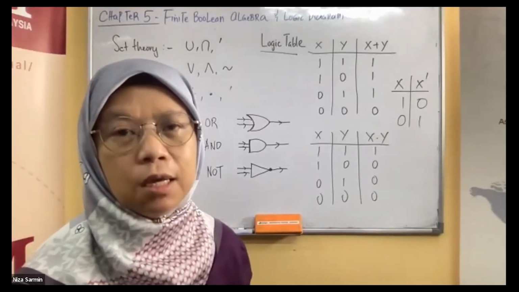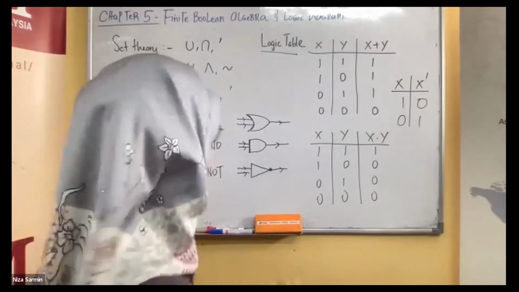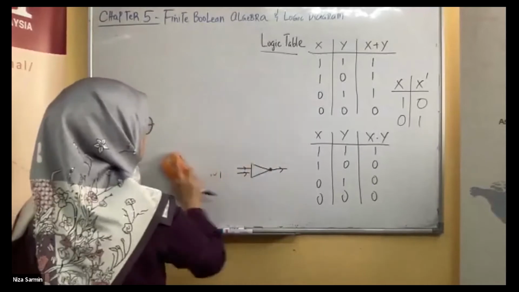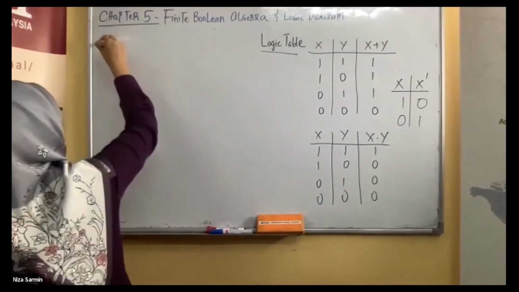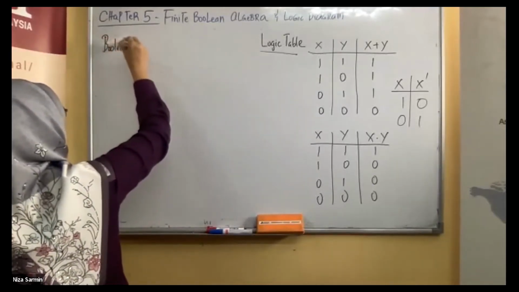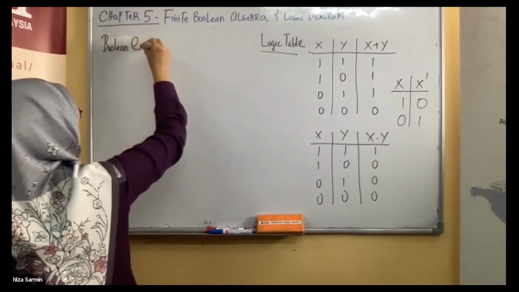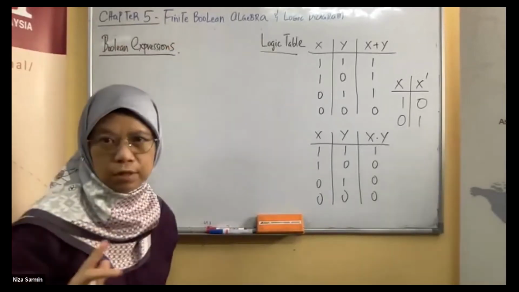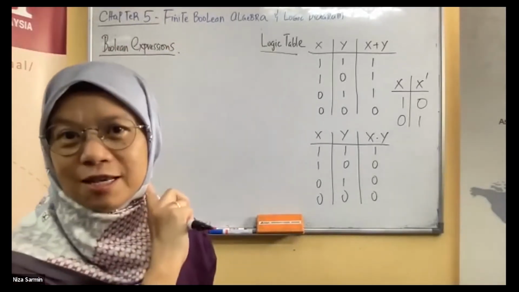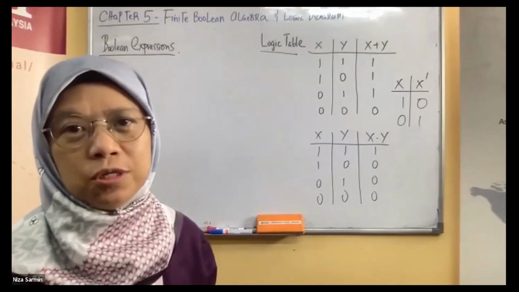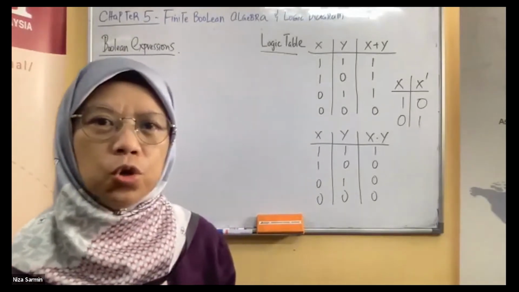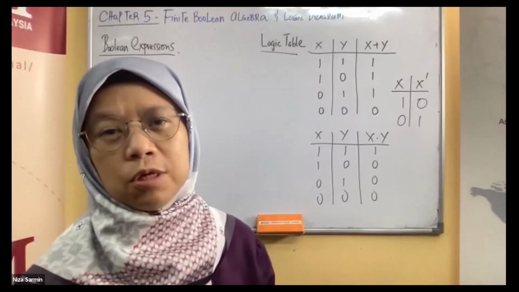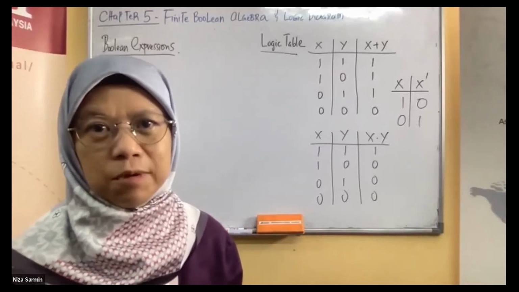What does it mean by Boolean expressions? At this level, a degree in a university, you don't just base your knowledge on the lecture notes. You have to find at least a textbook, a reference book under discrete math.